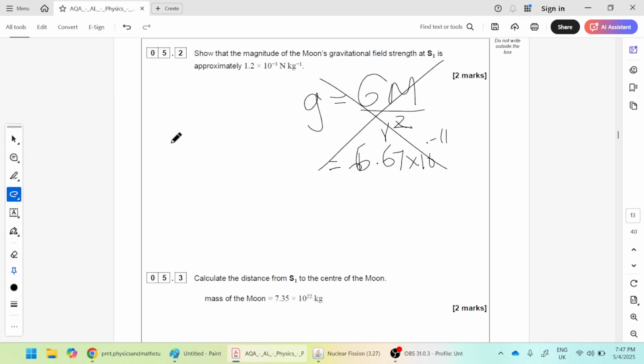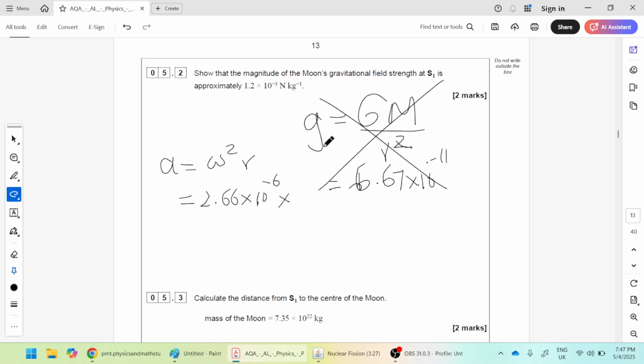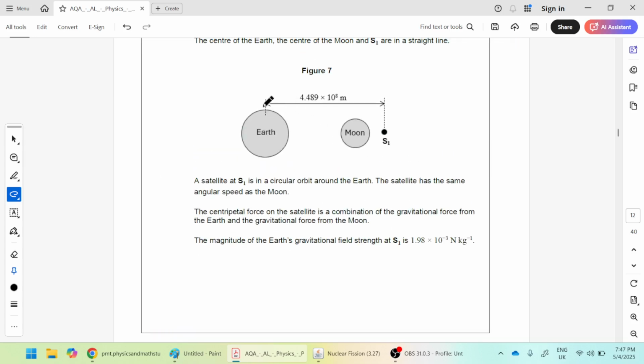We need to look at a equals omega squared r. This is 2.66 times 10 to the power minus 6. The total spinning radius, this one over here, is 4.489 times 10 to the power 8.